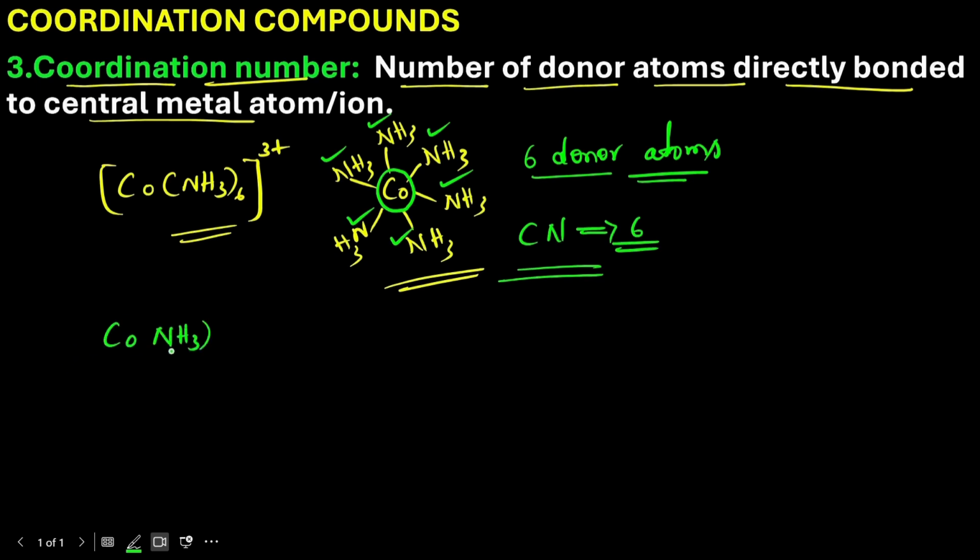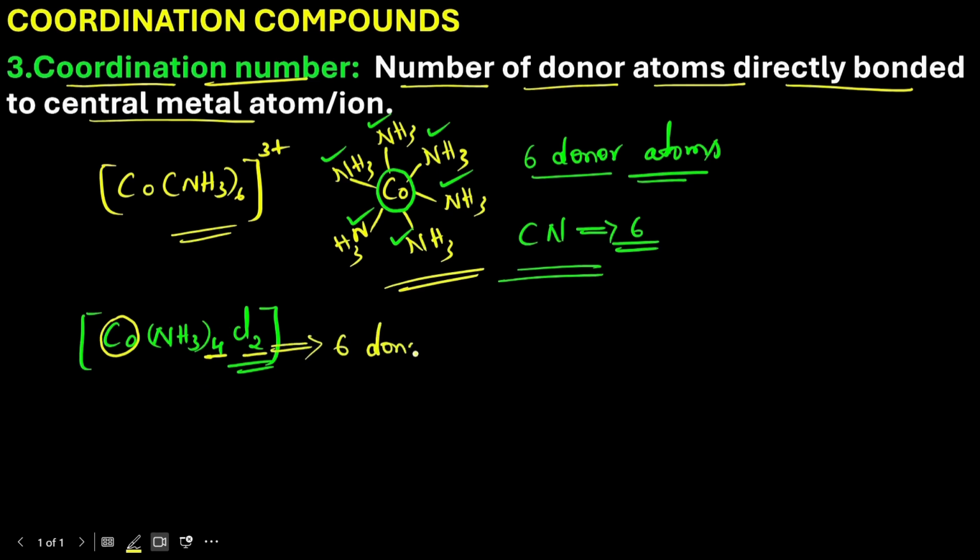We will take one more example, that is [Co(NH3)4Cl2]. Again, this is also a coordination compound. Here, cobalt is the central metal atom. How many donor atoms are attached? Here, 4 NH3 groups. That means 4 nitrogens will be there as donor atoms. And here, 2 Cl. That means 6 donor atoms are there.